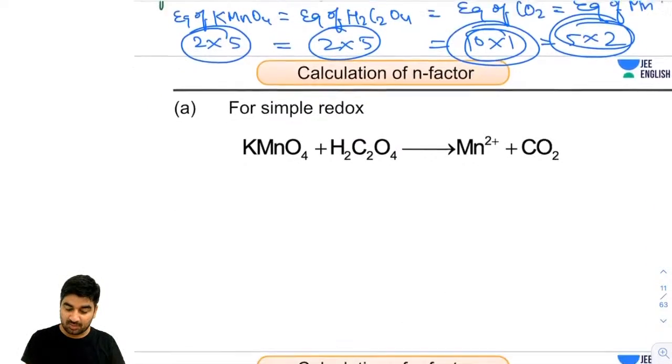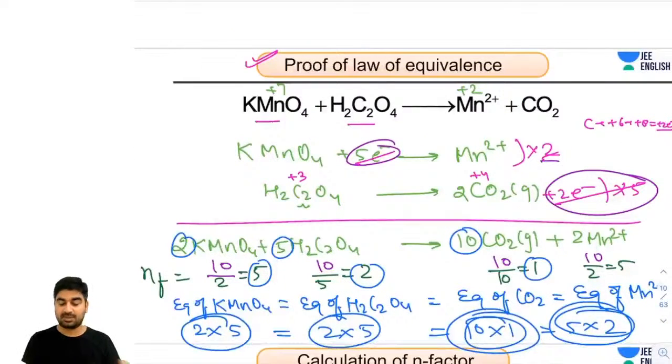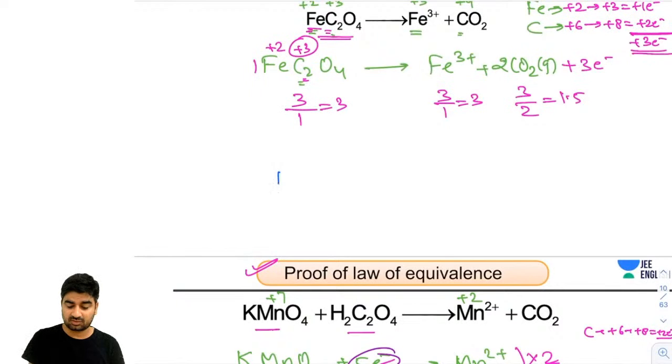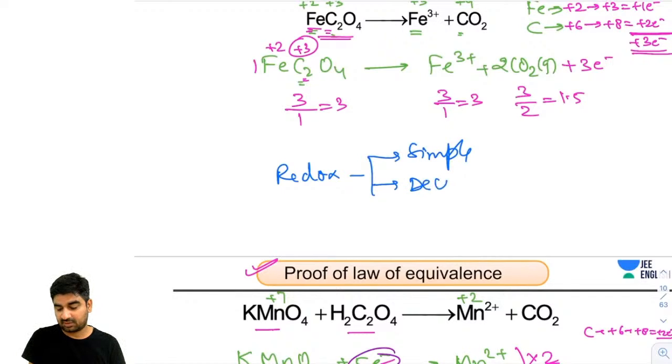So guys, now I'm moving on. So this was the basic calculation. I was just telling you what the law of chemical equivalence is, and then I gave you the proof of the law of chemical equivalence, right? So guys, I told you in the previous class about types of reactions and redox reactions. I told you that they were of three types: simple, then decomposition, and then disproportionation, right?